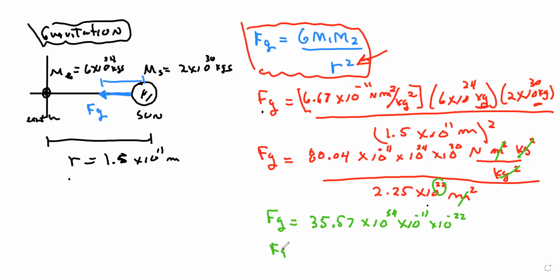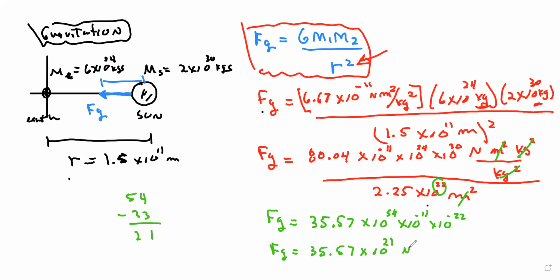So your force of gravity is going to end up to be 35.57 times 10 to the 54 minus 33. So that's going to be 21 right there.